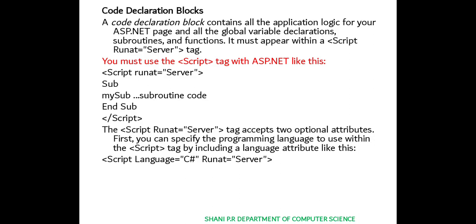First, you can specify the programming language to use within the script tag by including the language attribute like this: script language equals C# runat equals server. If you are using JavaScript, then you should write JScript, then runat equals server. This is the code block we will be using for script.